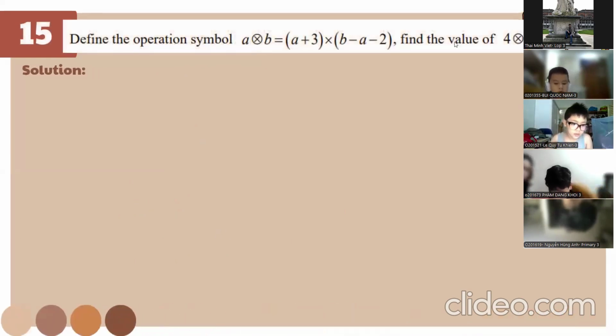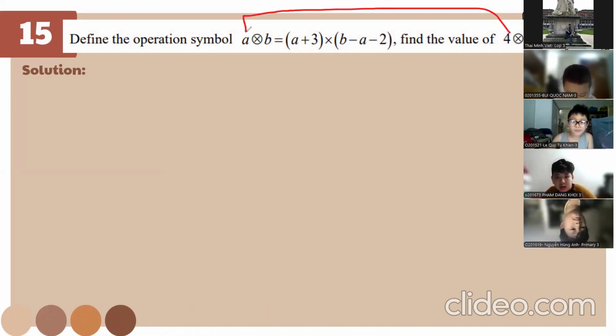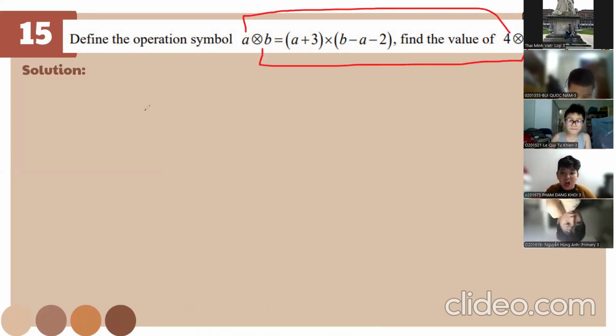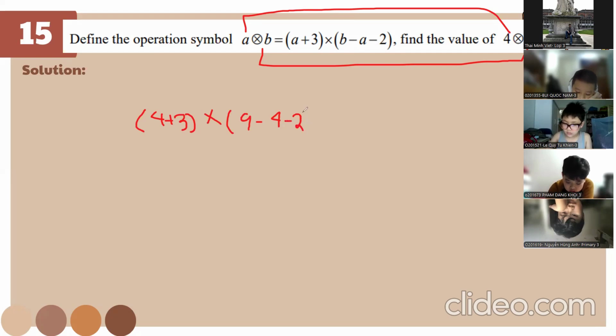So determine the operation of the symbol if A star B is equal to A plus 3 times B minus A minus 2. So we can just use this. If 4 is A and B is 9, we have 4 plus 3 times 9 minus 4 minus 2.